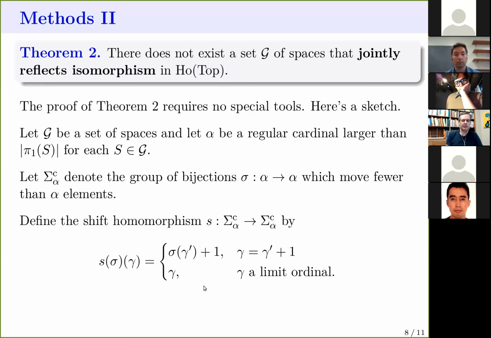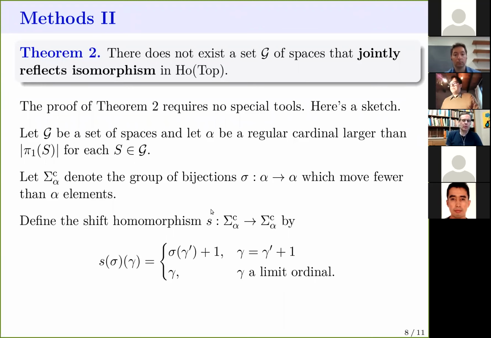And it's not hard to see that this is a bijection, that it does have compact support, because if gamma prime is fixed, then this will send gamma to gamma. So everything that's fixed by sigma, its successor is fixed by S of sigma. And you can also check that it's a homomorphism. It's just a simple calculation.